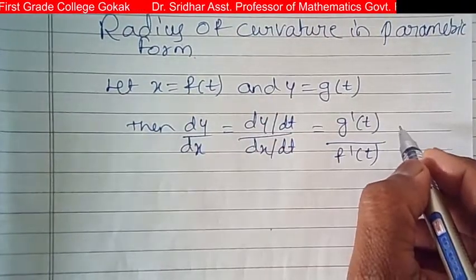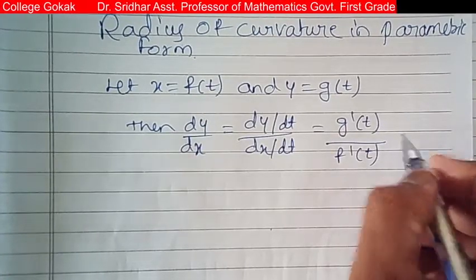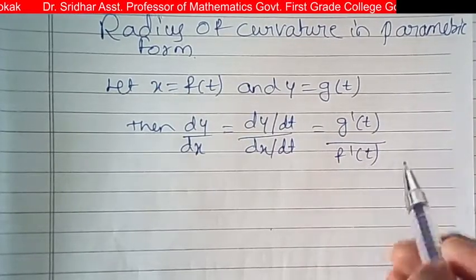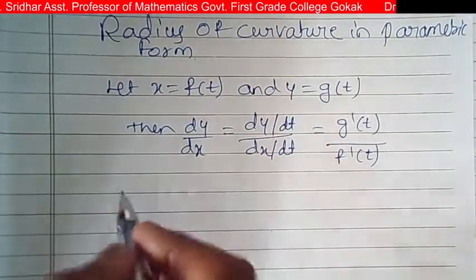So dy/dx is g dash of t divided by f dash of t.